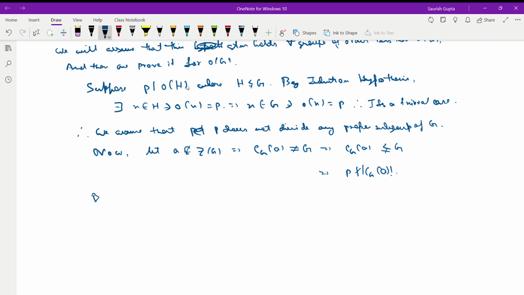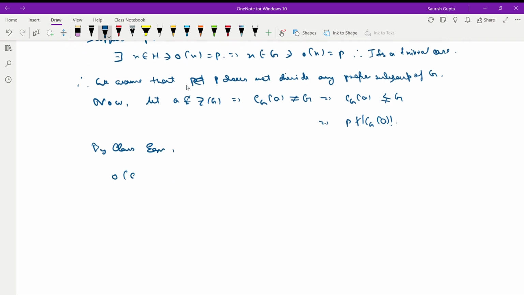Now, by the class equation, what do we have? By the class equation, we have that the order of G is the same as the order of its center plus the summation of the order of G upon the order of the centralizer of A in G. The summation ranges over all the elements outside the center in G.